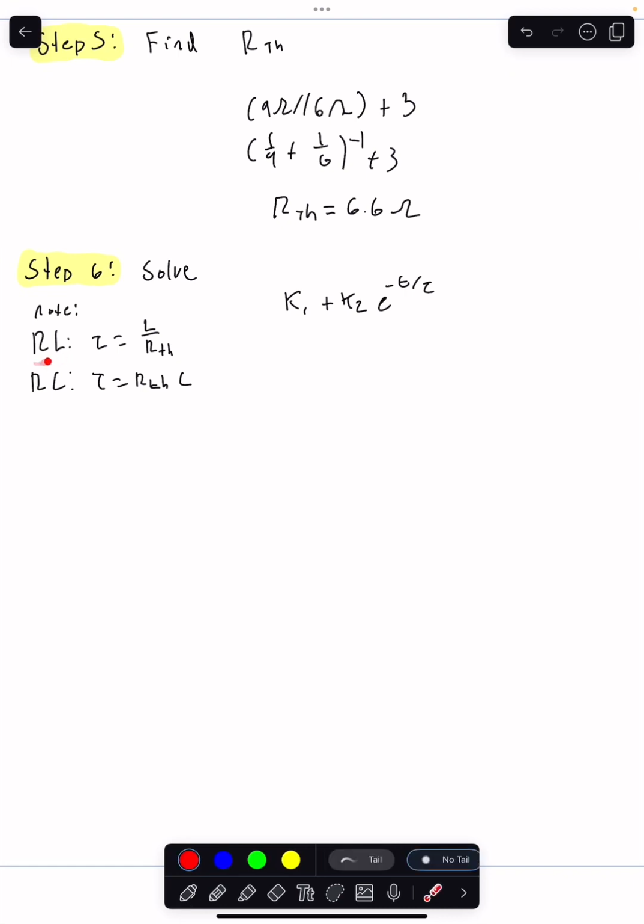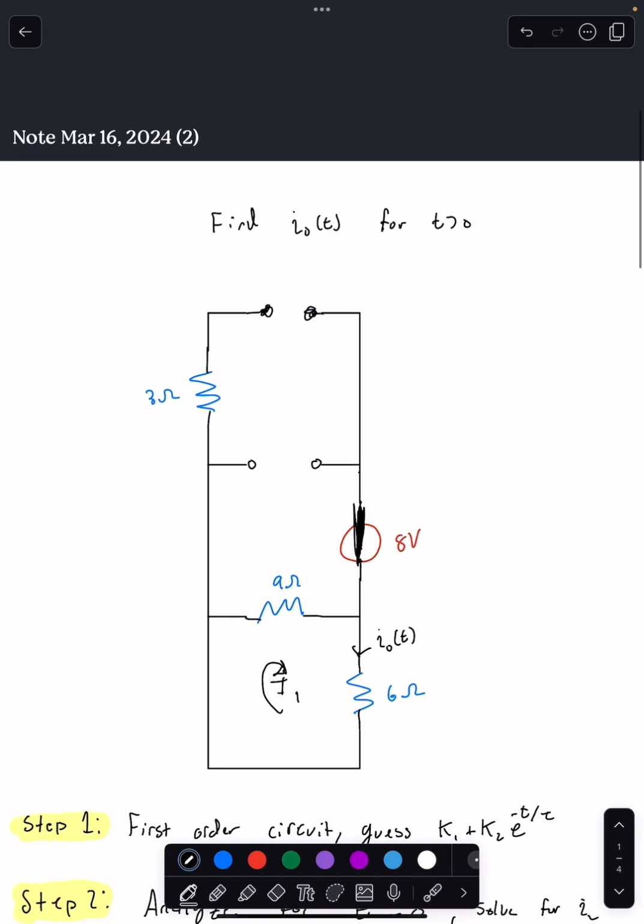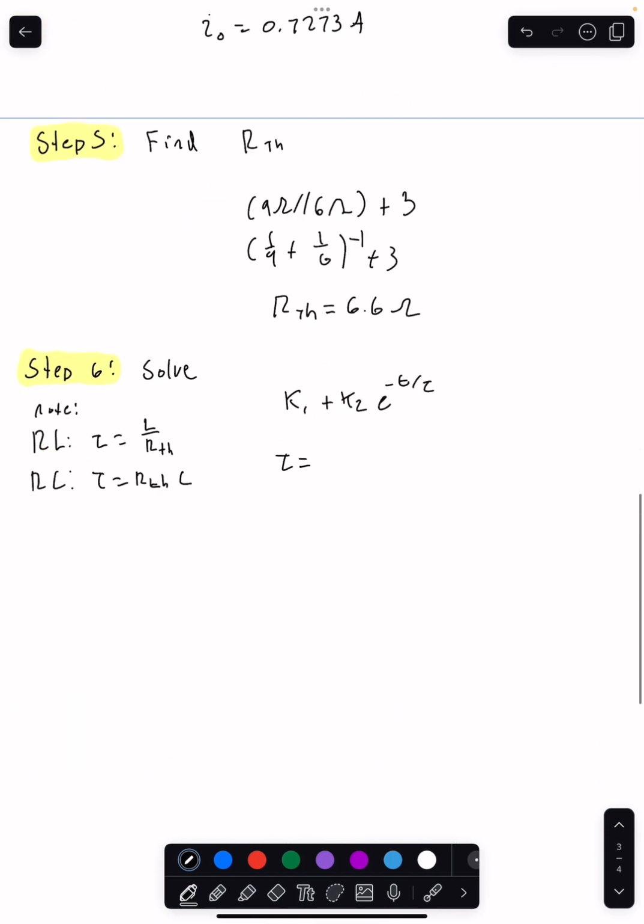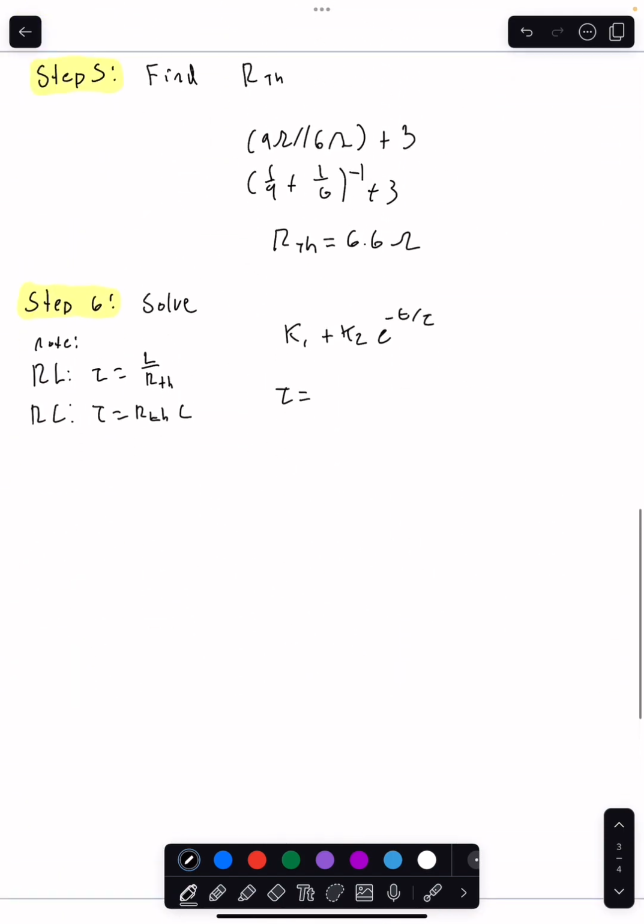For an RL circuit, which is what we have, tau equals L over R Thevenin. So tau equals L, which in our case is 5 henries, over R Thevenin, which we found to be 6.6 ohms, which will be 0.758. This is in seconds.